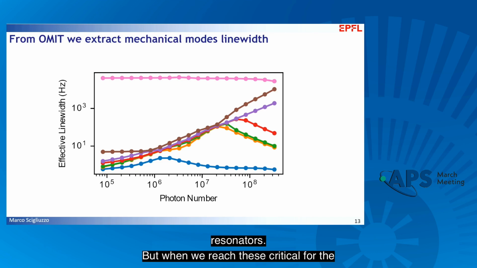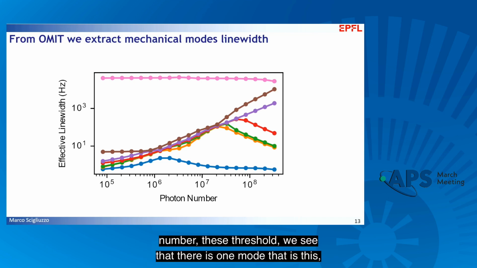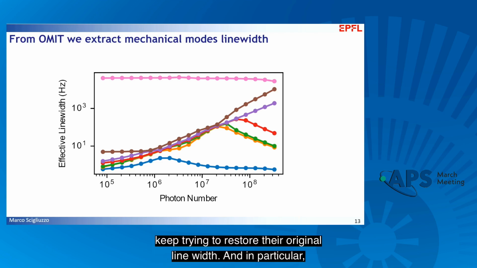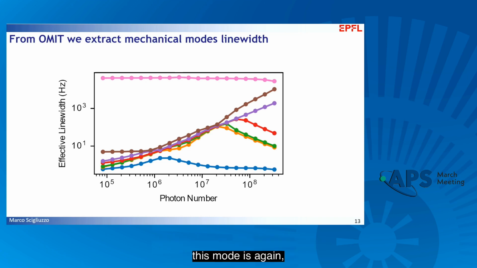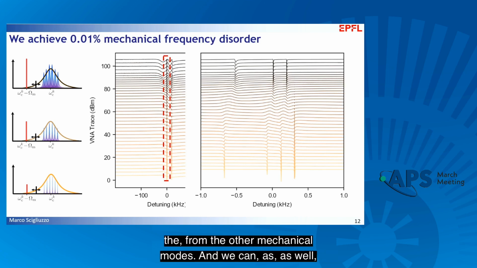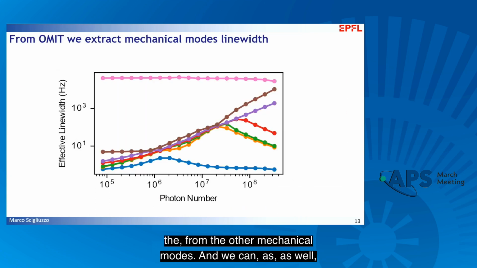But when we reach this critical photon number, this threshold, we see that there is one mode, the collective mode, that keeps increasing its line width, and all the other dark modes keep trying to restore their original line width. In particular, this mode is again the 6th mode that ends up very far from the other mechanical modes.